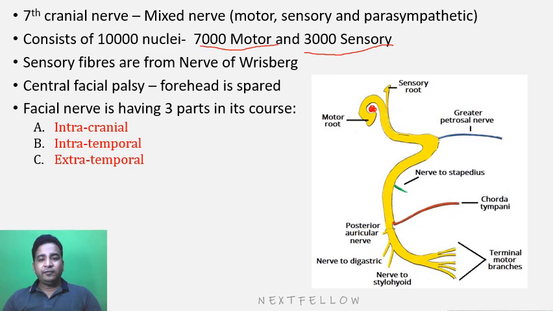Then while exiting from the pontomedullary junction, it enters into the internal auditory canal, and this internal auditory canal is a part of the temporal bone. After entering the internal auditory canal, it forms the first genu and then enters into the middle ear, and this forms the horizontal part in the middle ear.